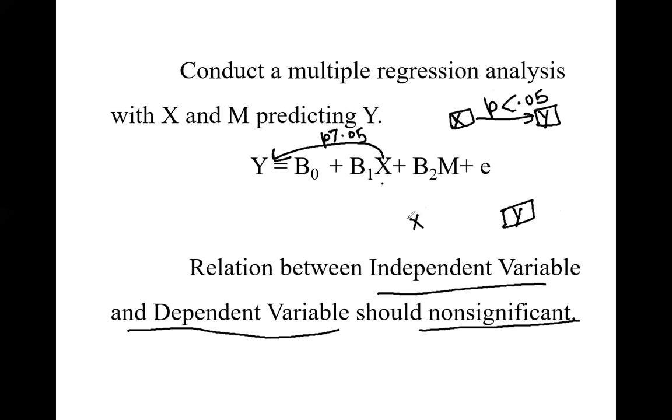Now you can see here Y, X and M. So this relationship between X and Y should be greater than 0.05. It should be non-significant. It means the mediator variable is significantly working. It is making this variable insignificant. It means there is no role of this independent variable in the presence of the mediator variable.